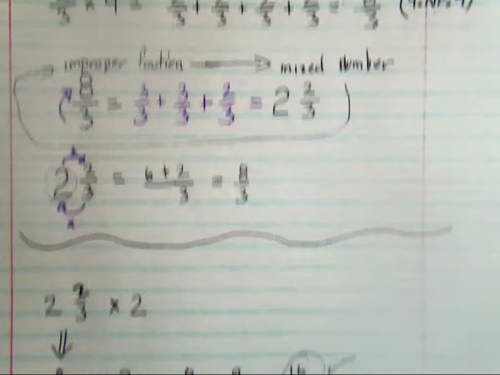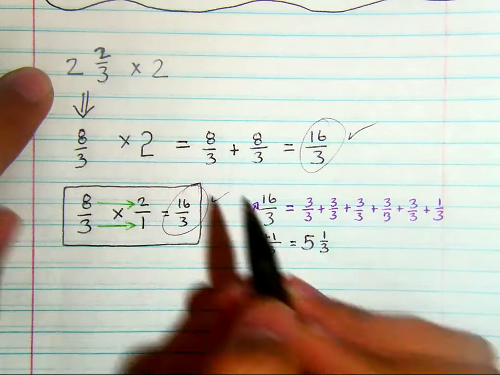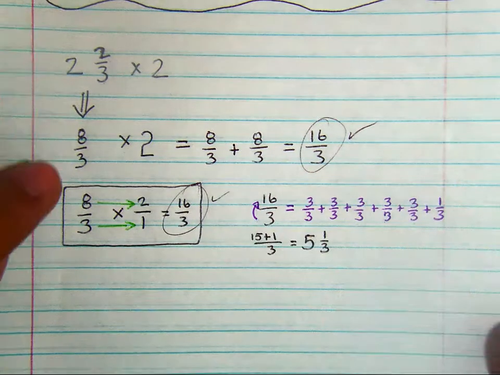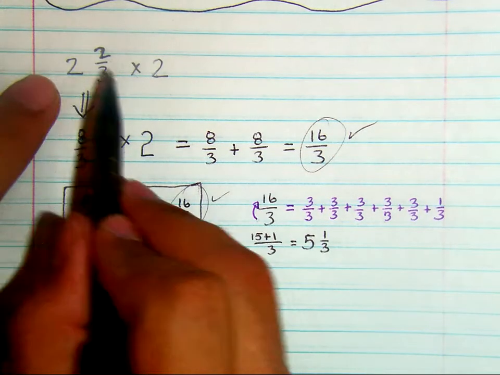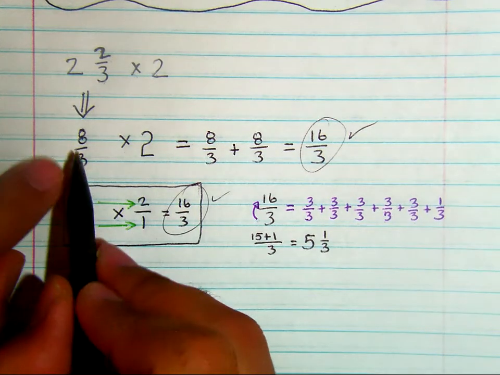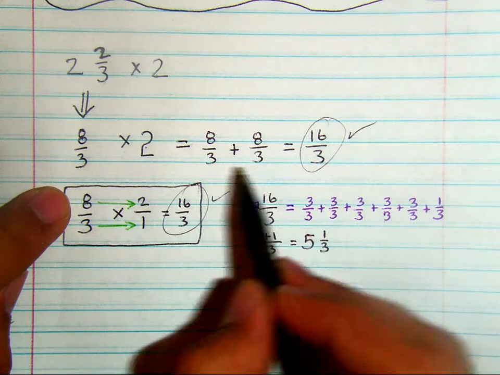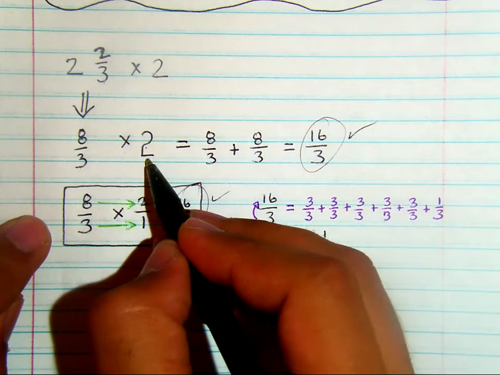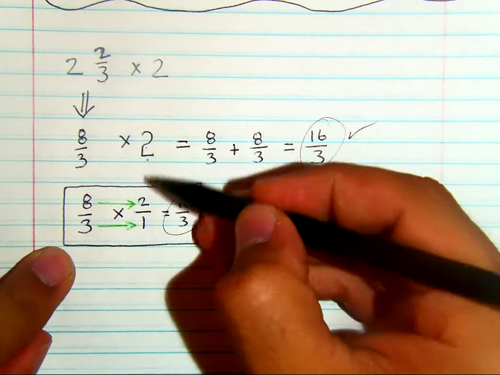Now, when you start looking at 5th grade and how 2 and 2 thirds can now be multiplied times 2, you're multiplying with mixed numbers. But in order to do that, you need to change the mixed number into an improper fraction. So 8 thirds times 2 is just the same, 8 thirds and 8 thirds. But you can also consider the 2, and this might be new, you consider this 2 as 2 over 1.